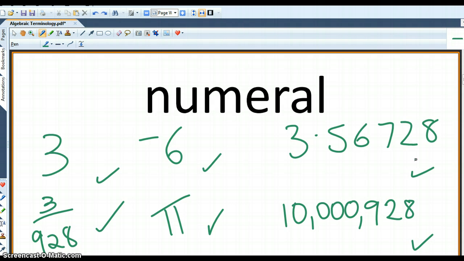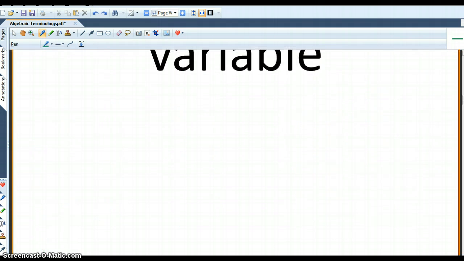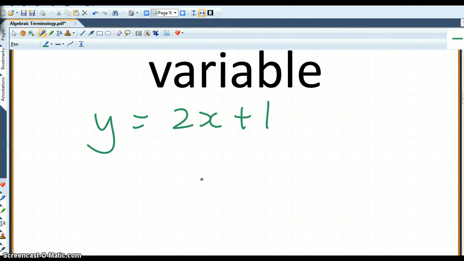But back here to our variable. If I said y equals 2x plus 1, then x could take on any value at all, and it would tell us what y is.